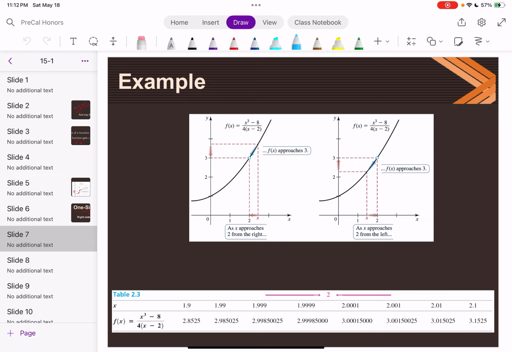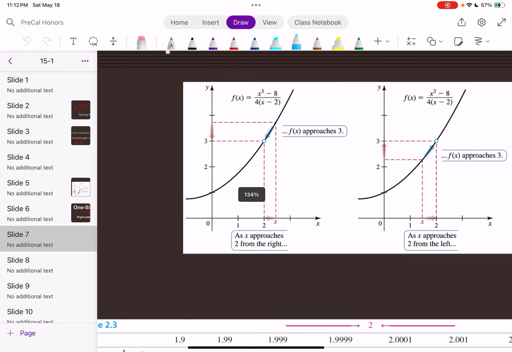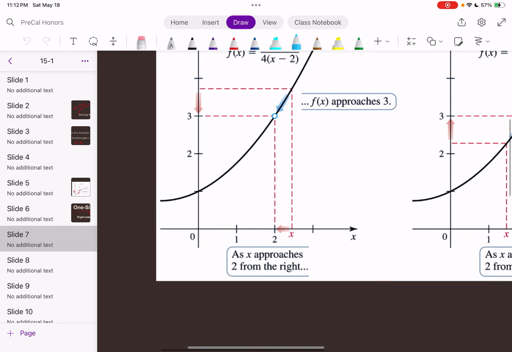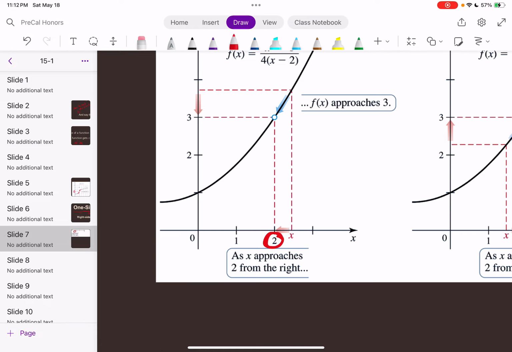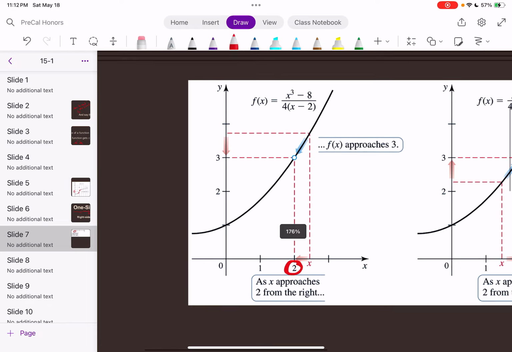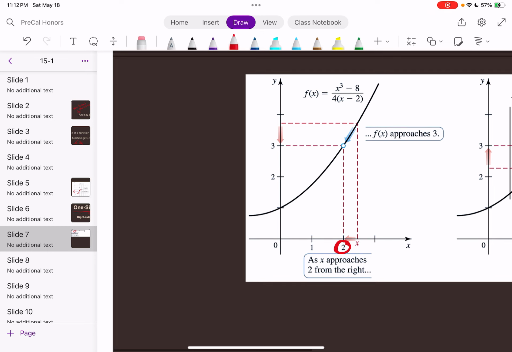In slide 7, we are taking a look at each one of these different examples, and we're going to use our one-sided limits to help us describe exactly what is going on within this problem. We would first start off by taking a look at what x is approaching. In this case, we are approaching the number 2, and we are going to approach from the left side first.